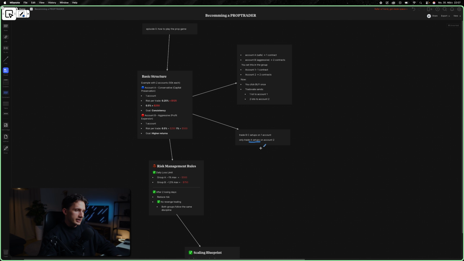It's not happening. More often than not you get a B and a C setup. So when a setup develops, then I'm definitely looking out for high returns. That doesn't mean I'm not taking A setups on account 1. I'm definitely taking A setups as well, but more often than not we have only B or C setups, and then I'm only going with account A.